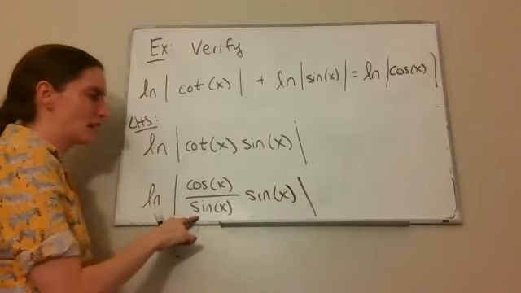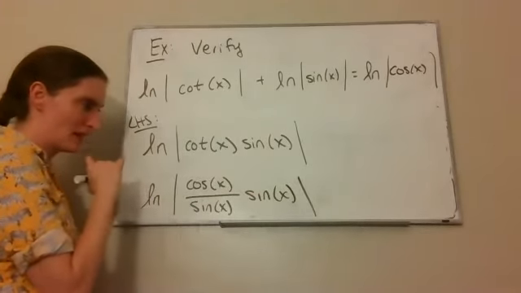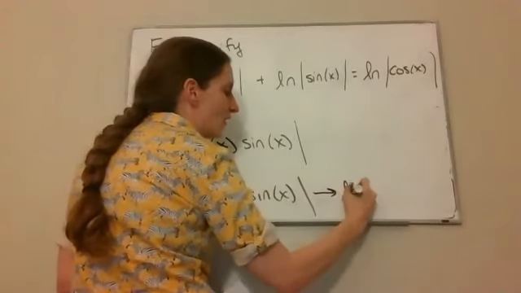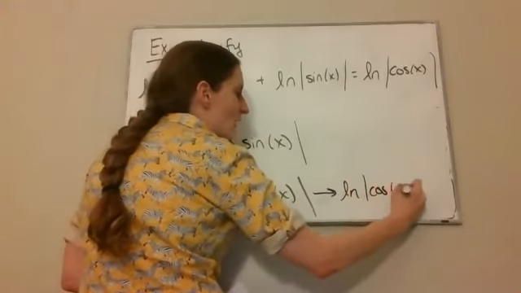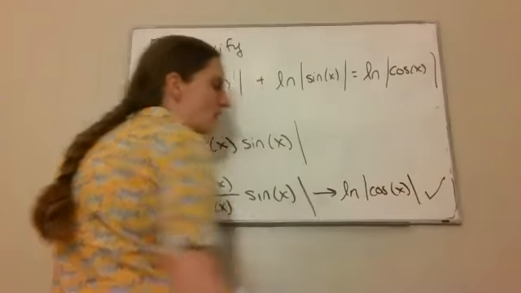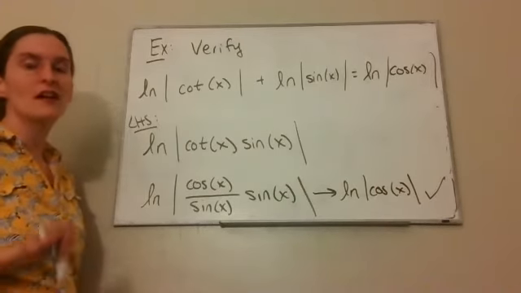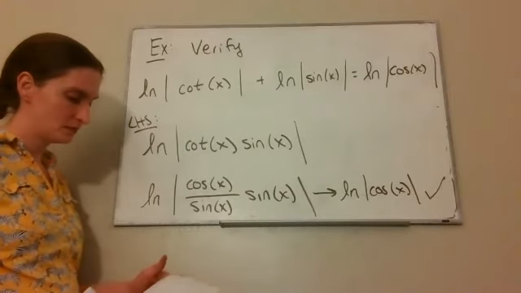And then the sine in this denominator will cancel out that sine, and I get natural log absolute value of cosine x, which is exactly what I was trying to show. So that one also checks out, just using properties of logarithms and our quotient identity.